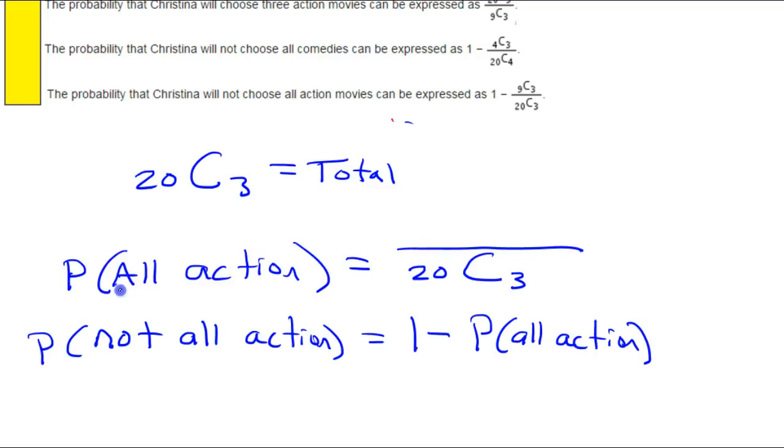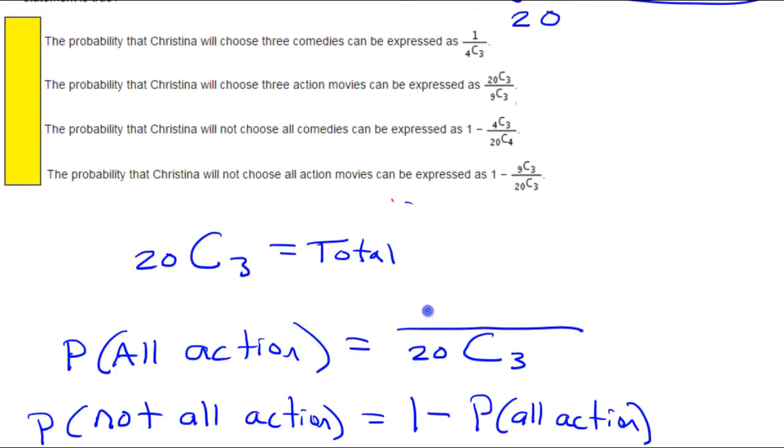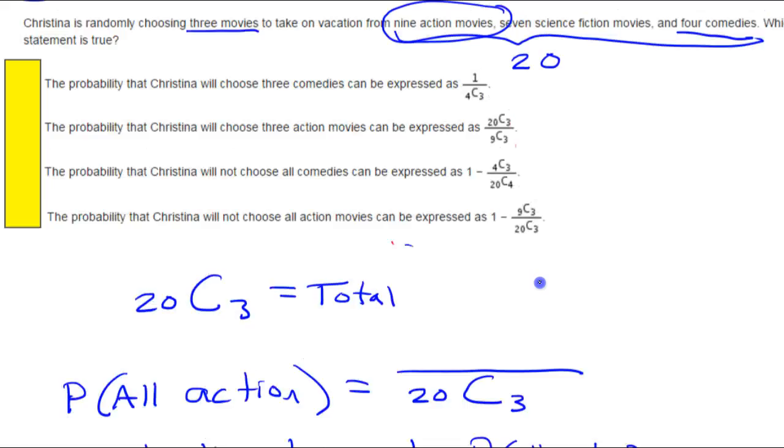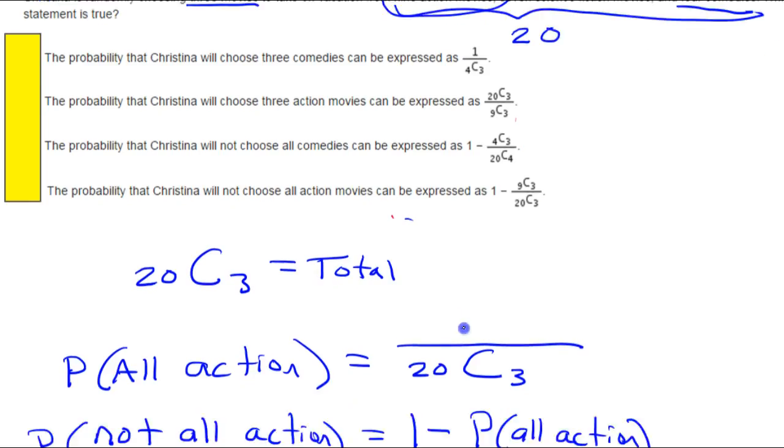But if we're going to pick all action movies, that's our target. Let's think about how many ways you could choose all action movies. Well, there are 9 action movies, but we're only picking 3. So the total number of ways to pick all action movies is 9 choose 3.